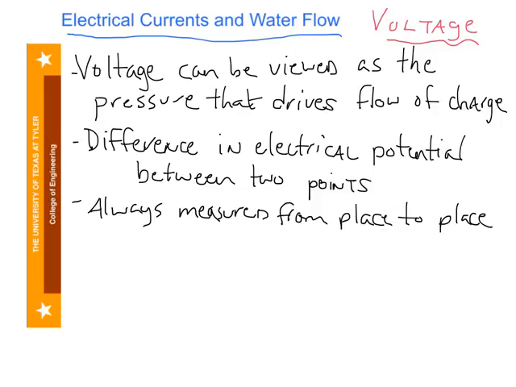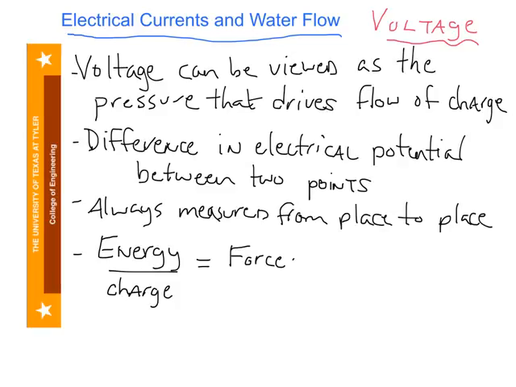And lastly, we can look at it as energy, which we defined in the last video, divided by charge. Since energy was force times distance, it's force times distance divided by charge.